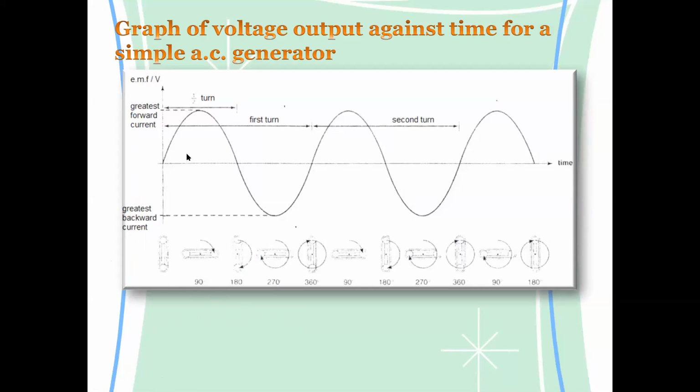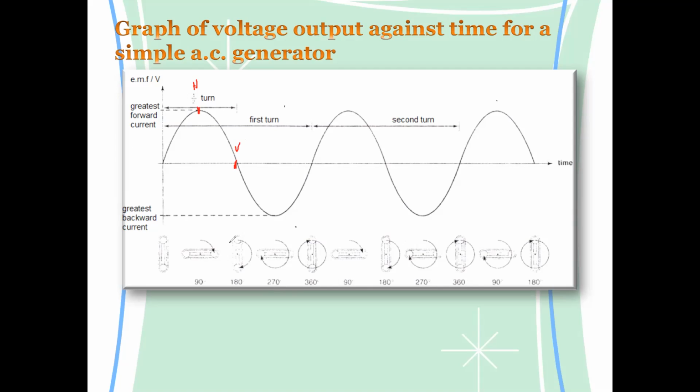When it rotated 90 degrees, the induced EMF is maximum. At this position it is horizontal. When it again becomes vertical, the change in magnetic field decreases. That's why the induced EMF decreases. So when it is at a vertical position, the voltage will be 0.